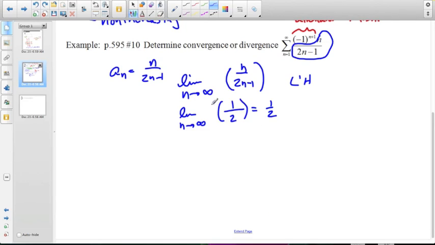What we just did then, as long as we got not 0, is that we can say the series diverges. We just basically did the nth term test. So even though this is an alternating series, even as it's alternating, we're perpetually adding a half.